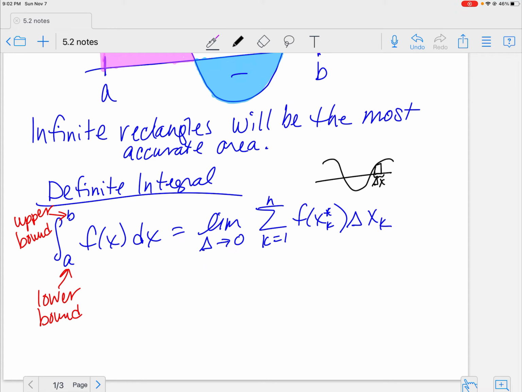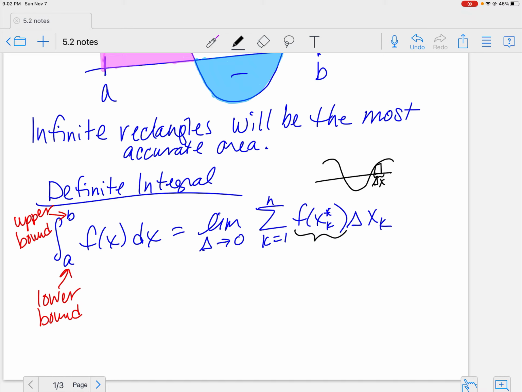As I approach a width of 0, that doesn't mean I land on 0. I've got to have some kind of rectangle there, but it is infinitely small, and that's how I get infinitely many rectangles in here, because my change is getting closer and closer to 0. Do you see what's happening there?